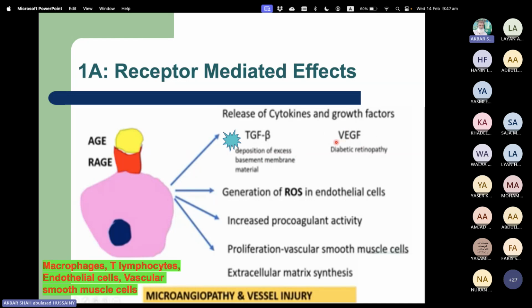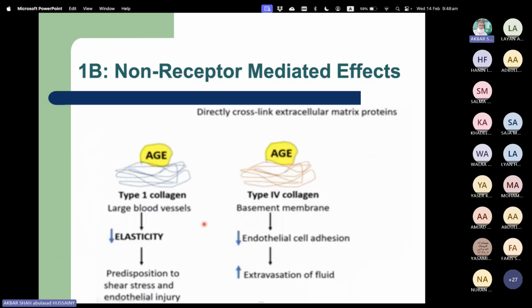The VEGF, vascular endothelial growth factor, is more important in the eyes. Retinopathy, the microangiopathy in the retina, is because of this vascular endothelial growth factor. And reactive oxygen species, ROS, procoagulant activities increase, vascular smooth muscle cell proliferates, and deposition of matrix. All these changes occur when there is excessive AGE, which combines with the receptor on these cells. So finally, we get the microangiopathy and vessel injury.